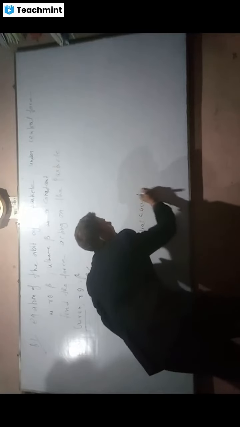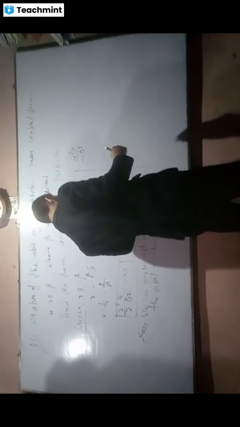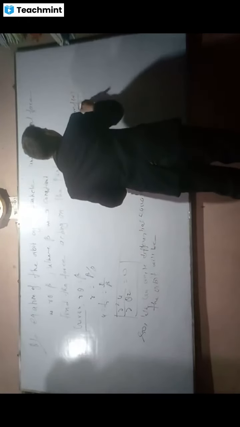So the differential equation of the orbit will be d square u upon d theta square plus u equals to minus m f r upon l square u square.